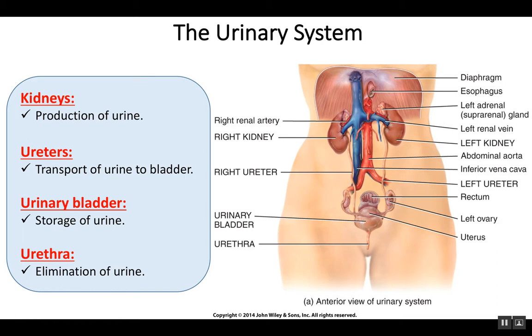Therefore, the bladder can hold that urine for a given amount of time, and then elimination from the bladder is done using the urethra. So those are the 4 major organs of the urinary system. We're going to spend most of our time looking at a kidney and learning about the functional unit of a kidney, which is called a nephron.